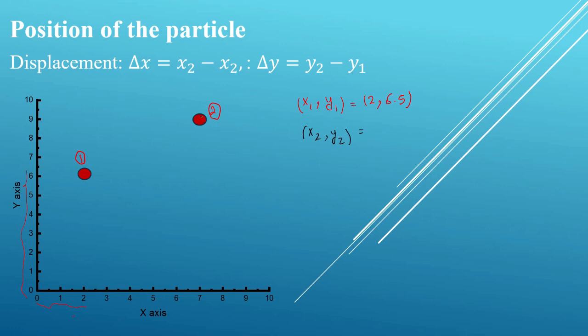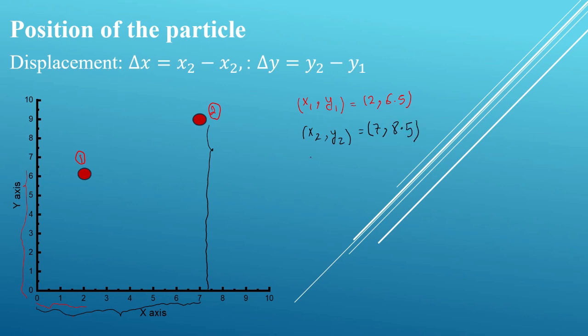It's the distance from the center of the particle to the origin, which is around 7 for x, and with respect to the y-axis, it's around 8.5.